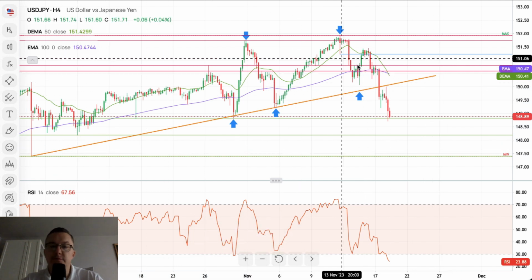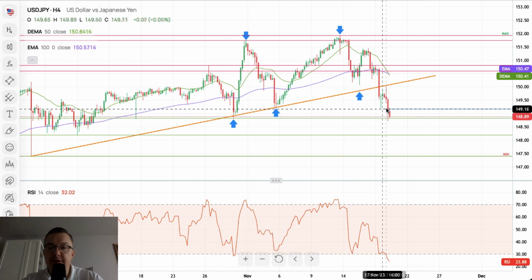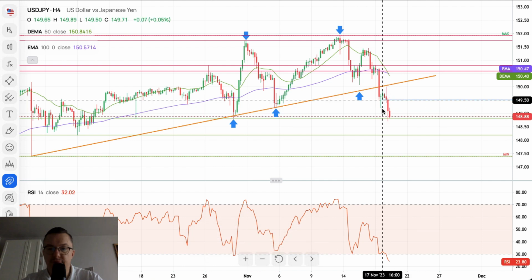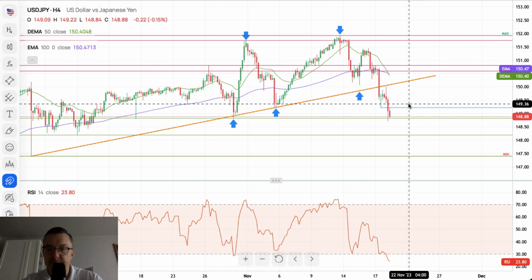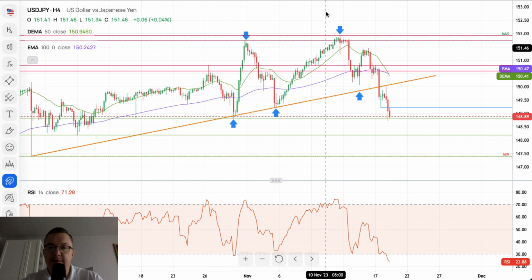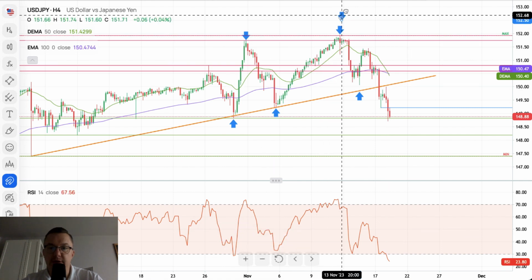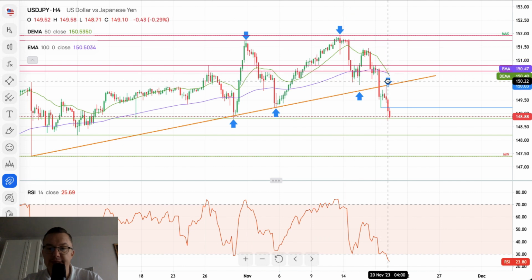Okay, so right now there is intraday technical resistance located at 149.21. The trend line, if you bother to take a look here, has been tested as well.